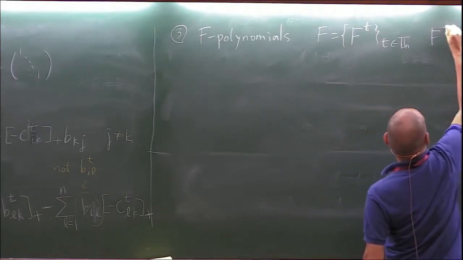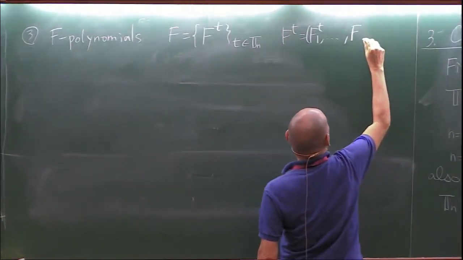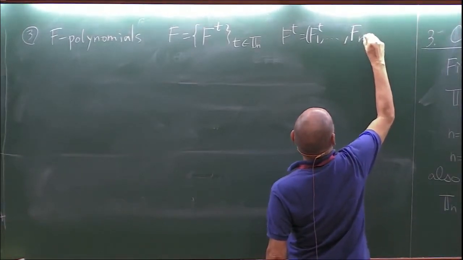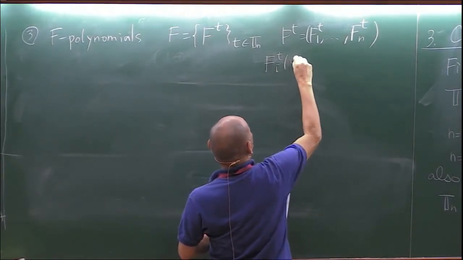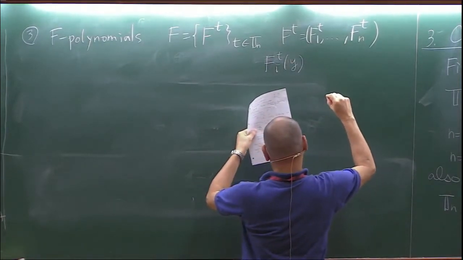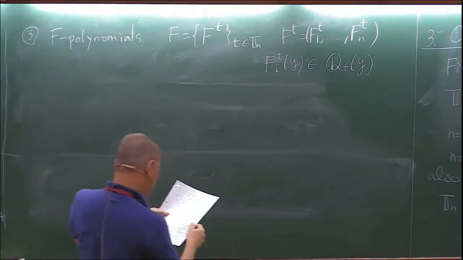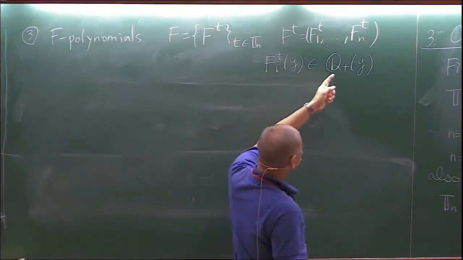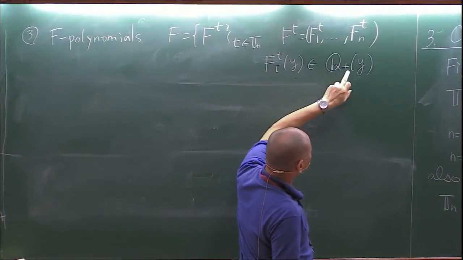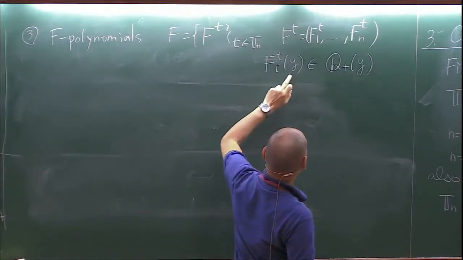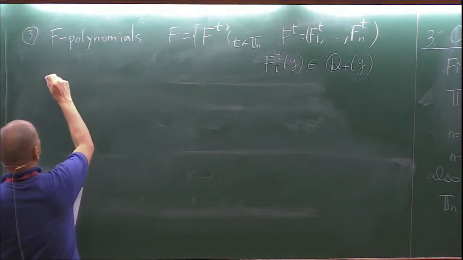So F_t consists of F_i,t such that each F_i,t is a function of y, which lives in, with a little bit of abuse of notation, the universal semifield associated with a formal variable y, and it is a function with a positive rational expression.